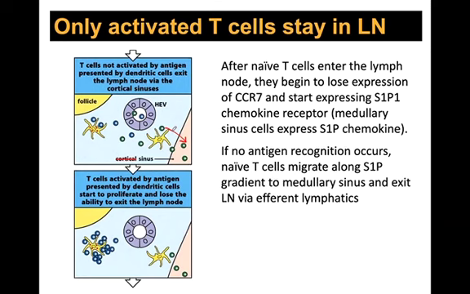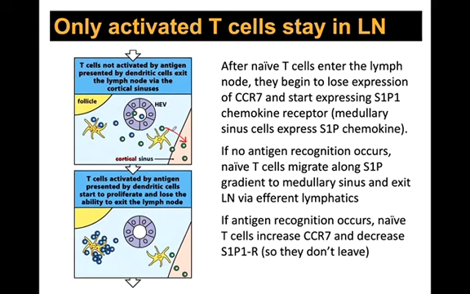Okay, so this is how the T cells are constantly cycling in and out of lymph nodes. If no antigen recognition occurs, naive T cells just migrate along the S1P gradient to the medullary sinus, and then they exit. Okay, so they're coming out through the efferent lymphatics.